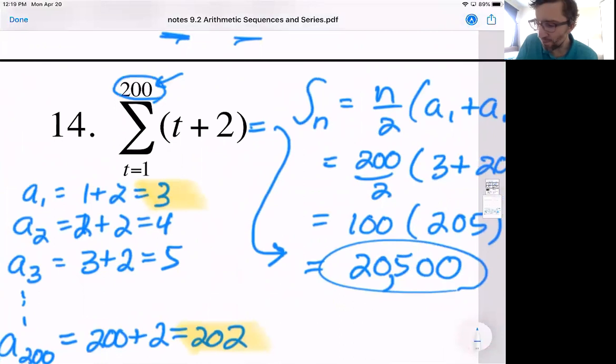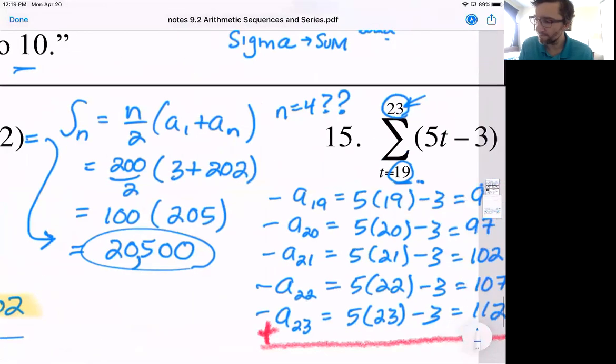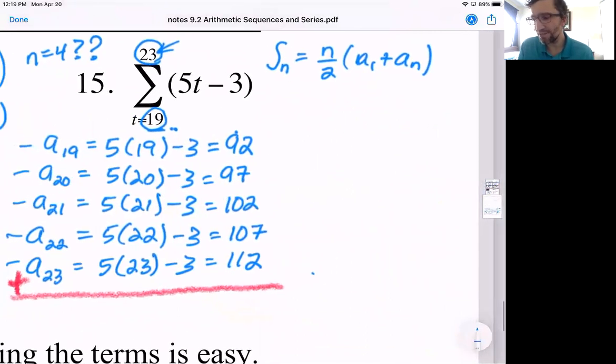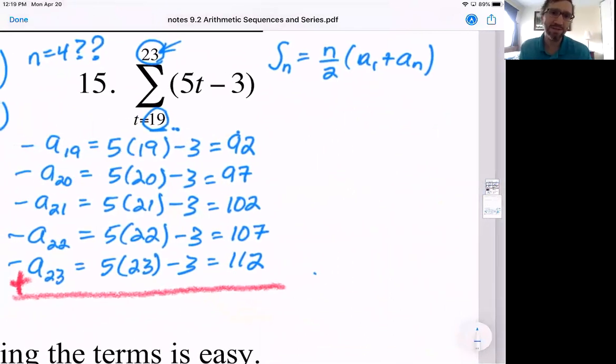But 200 minus 1 is 199. And that's not the number of terms. It's 200. So on this example, if you're going to try to subtract, you always have to remember to add 1. So 23 minus 19 is 4, but it's always 1 more than that, so 5 terms. And you can see I wrote out all 5 terms.